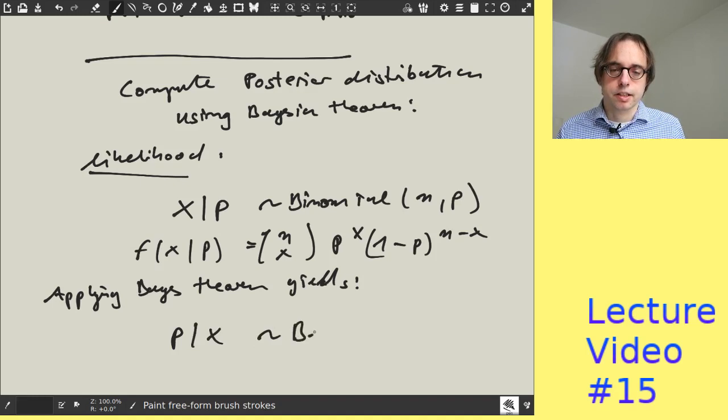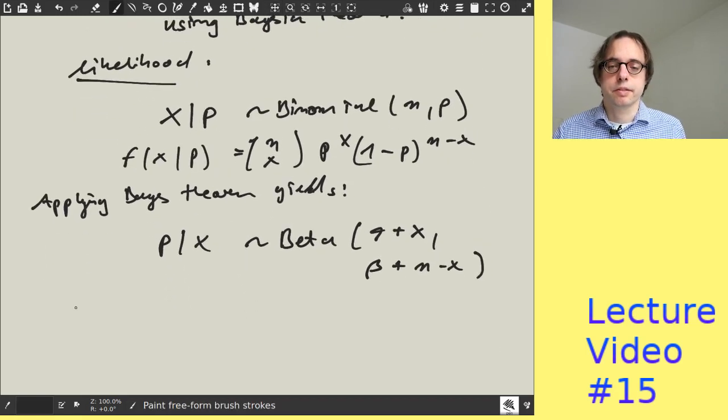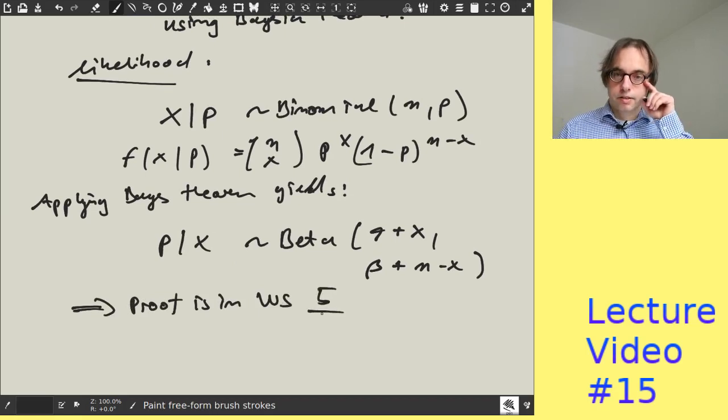It turns out that this is also a beta distribution, but now with different parameters, namely alpha plus x and beta plus n minus x. So we prove this in worksheet 5, or you prove this. The proof is in worksheet 5. So you can work this out.